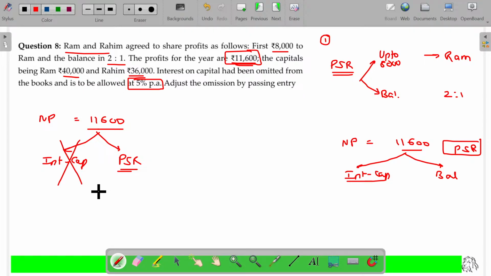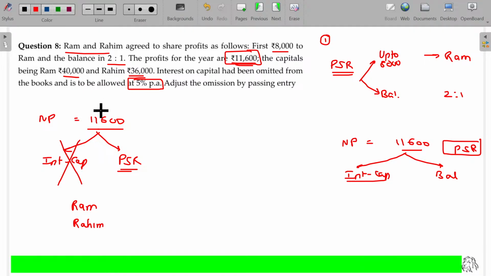This 11,600 was considered as the ultimate profit distributed to the partners Ram and Rahim as per the PSR. As the overall value being 11,600, first part, second part.